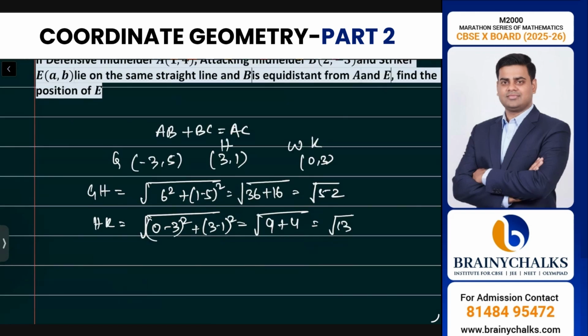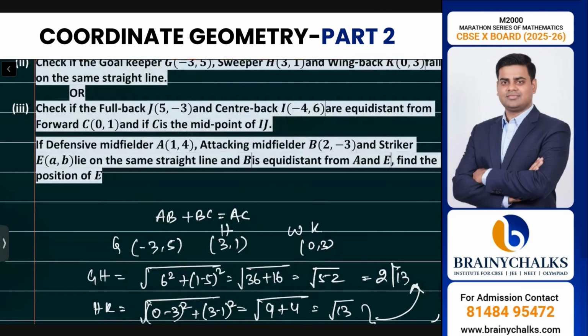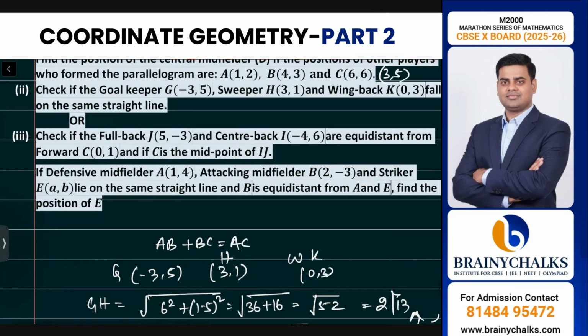And find GK: 0 minus of minus 3, that is 0 plus 3 the whole squared, plus (3 minus 5) the whole squared. So root under 9 plus 4, that is root 13. So this one is 2 root 13. If you add these two, does this come? So therefore it forms a straight line. So this is proved.